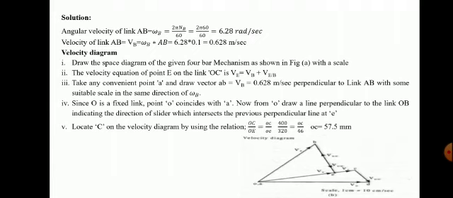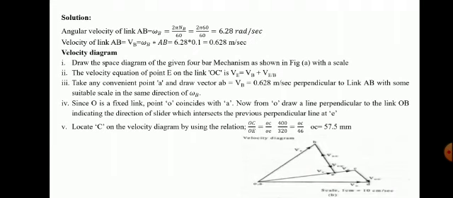Take any convenient point A and draw vector AB equal to VB, 0.628 meter per second, perpendicular to link AB with some suitable scale in the same direction of omega B.